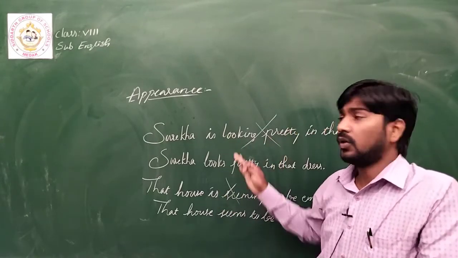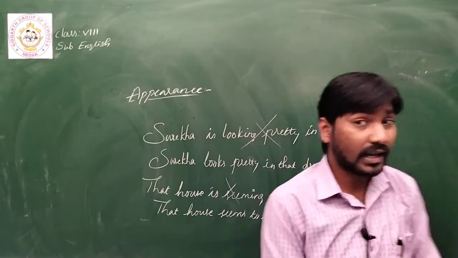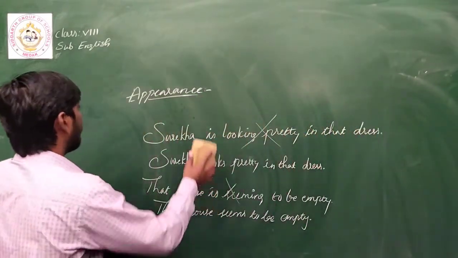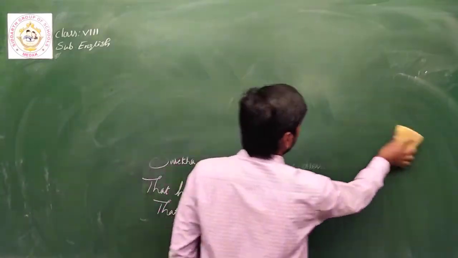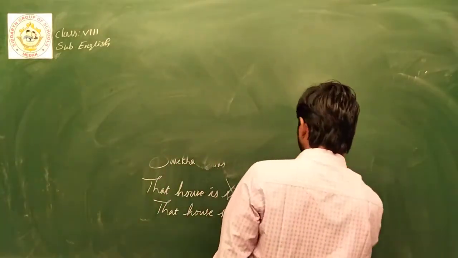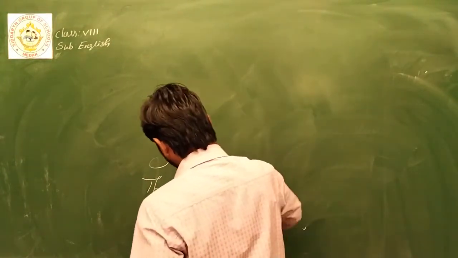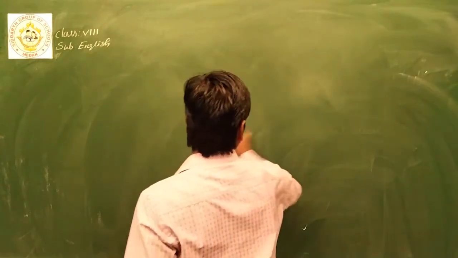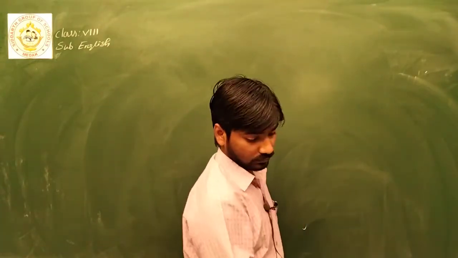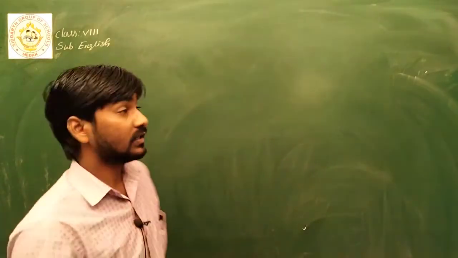We have to know this. So copy this one. Next I will give another place where we have to use present simple. So next one, possession and relation.